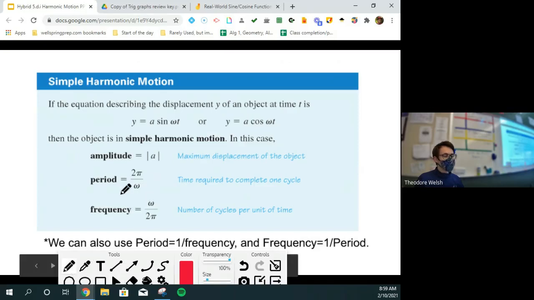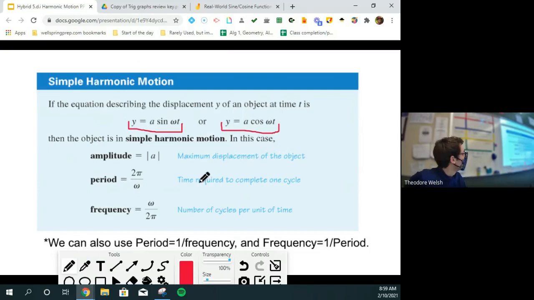What we have is an equation describing displacement of an object at time t. When we're working with harmonic motion, we are using either sine or cosine.